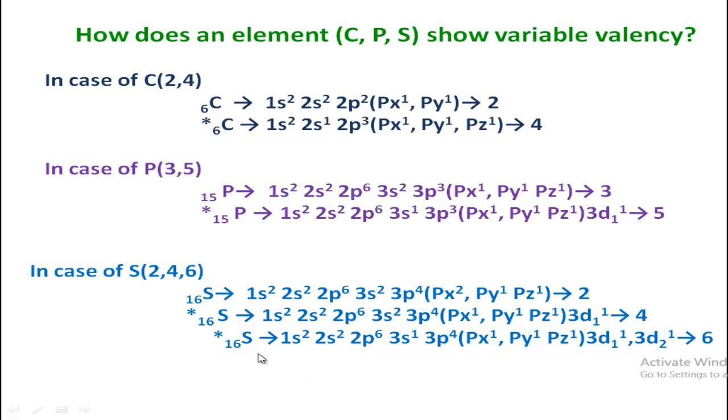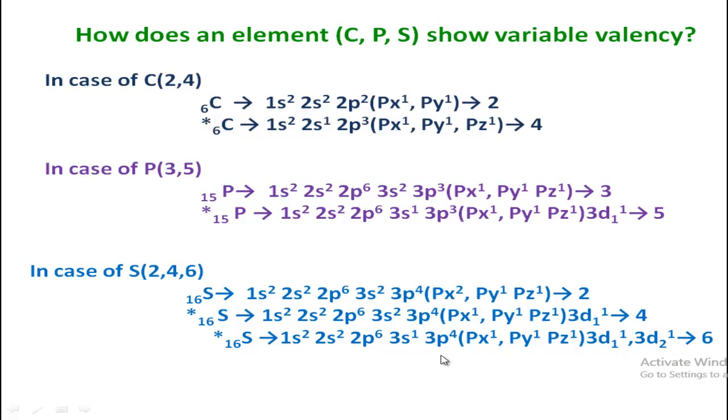And in a more excited state, another electron from the 3s orbital enters into the second d type orbital of the third shell, that means the 3d² orbital, and now the number of unpaired electrons will be 6: 1, 2, 3, 4, 5, 6.